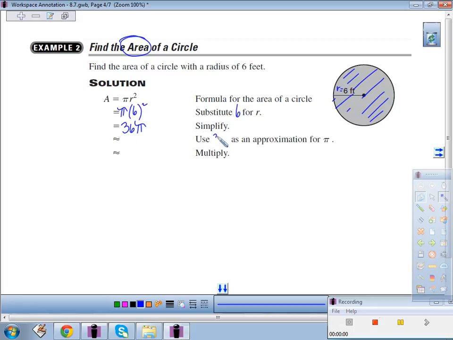If we use 3.14 to approximate pi, we would say 36 times 3.14, and that would give me 113.04. This time they didn't tell us to round any particular way, so we could leave it like this, and don't forget your units. And it's no longer just feet now that we're talking about area, it'll be square feet.